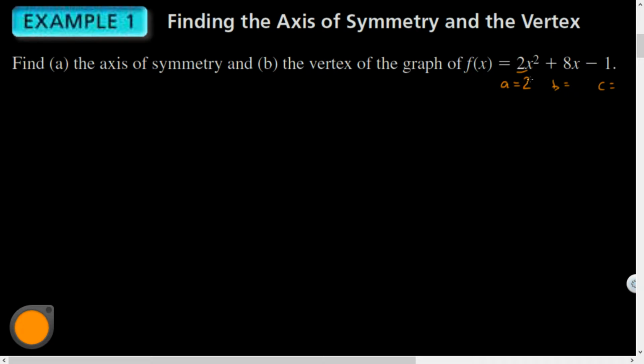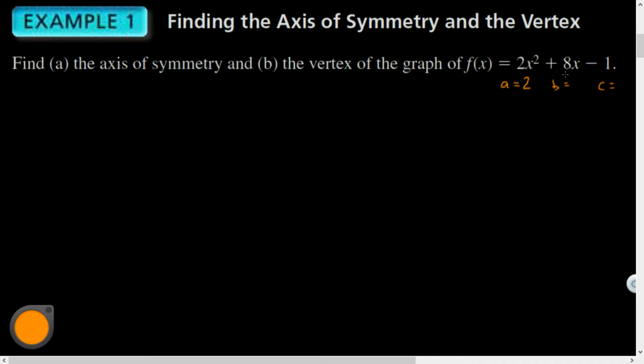And I actually mandate that you write A equals 2, because sometimes people are like, oh, 2x squared is A, or 2x is A. Sometimes students will just write A and then point, and I don't know, are they pointing to the entire thing? Are they pointing to just the 2? Pointing is not a great way to describe things mathematically most of the time. We use equal signs, so A equals 2.